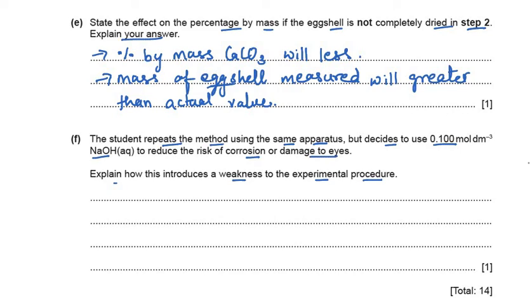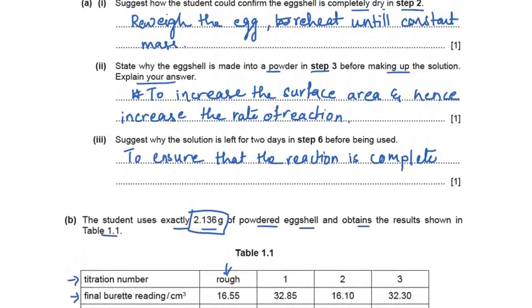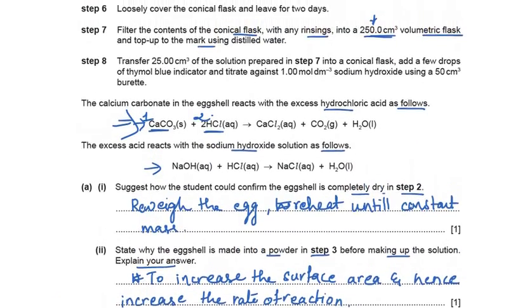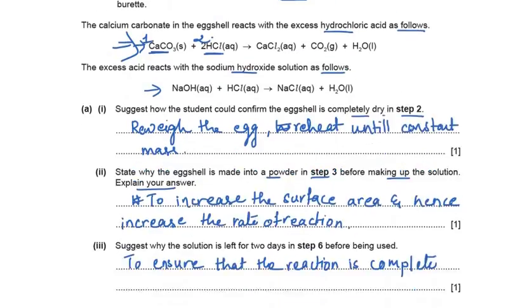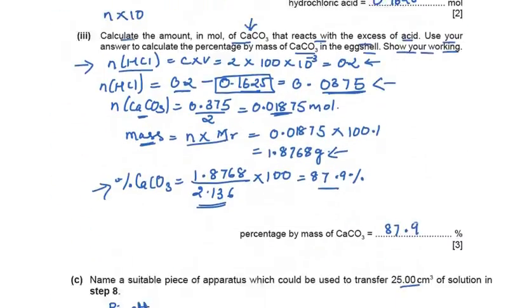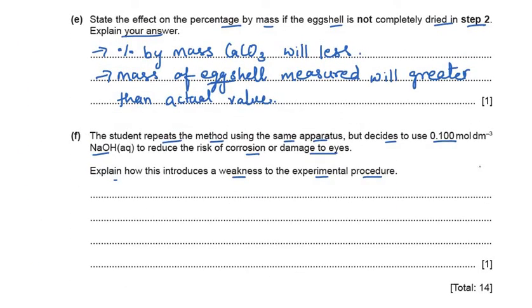To answer this, we need to reread the steps and find out the concentration of sodium hydroxide we had used earlier. It was 1.00 moles per dm cube, and now we are using 0.1 mole per dm cube. So this is 10 times lesser concentration.